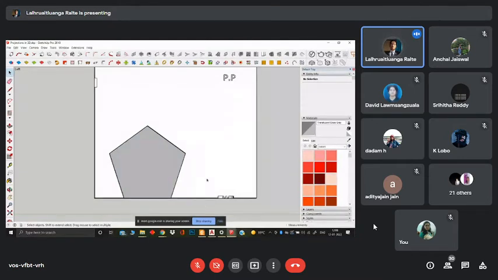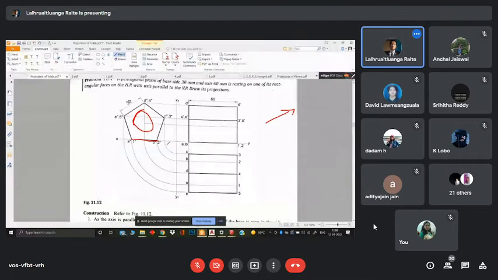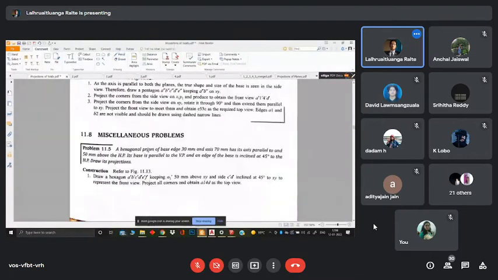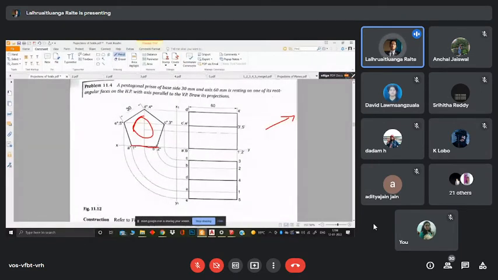All right, so now if I jump to this, here you will be able to see it. As our pentagonal prism is resting on the horizontal plane and the axis is parallel to the VP, we need the side view.